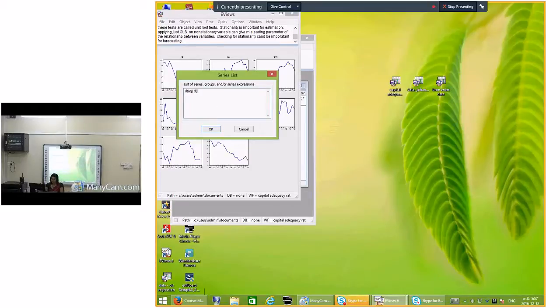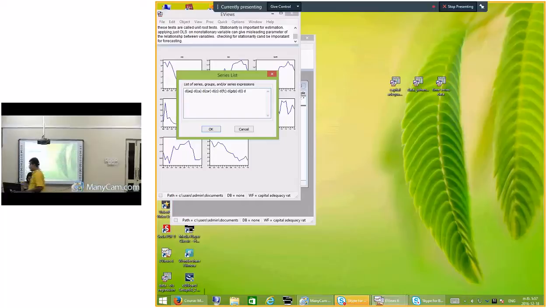D, the variable name, and then D, capital adequacy ratio, and D, CI, FC, GDP, and the I, the unemployment.